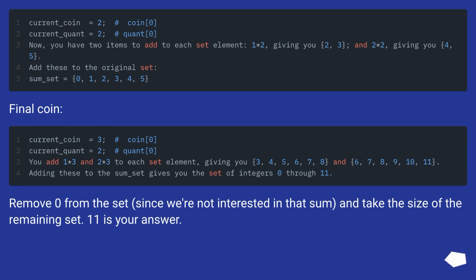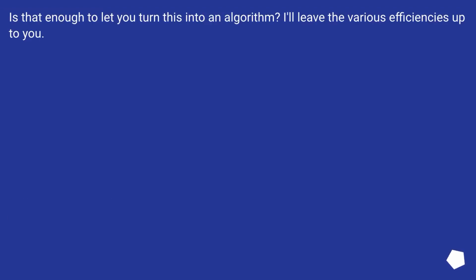Remove 0 from the set, since we're not interested in that sum, and take the size of the remaining set. 11 is your answer. Is that enough to let you turn this into an algorithm? I'll leave the various efficiencies up to you.